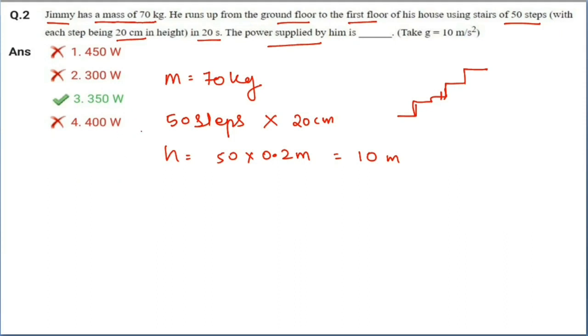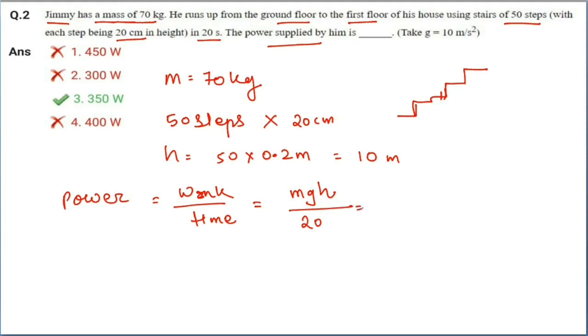Then height is given, mass is given, power. As we know, power is equal to work done upon time, and here work done is mgh divided by time. Time taken is 20 seconds.